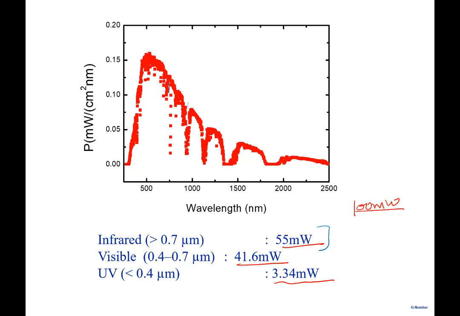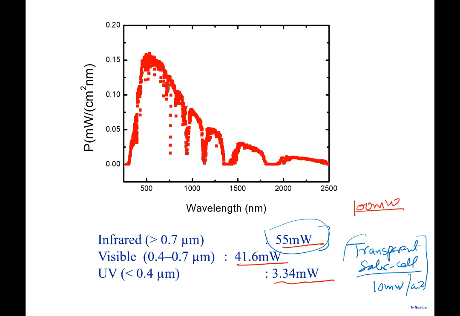Then it raises the possibility of a reasonable transparent solar cell, made on glass using a material which allows the visible light to go through but absorbs only in this 55 region, and maybe generates 10 milliwatt or something like that per centimeter square. So it raises the possibility of a transparent solar cell.